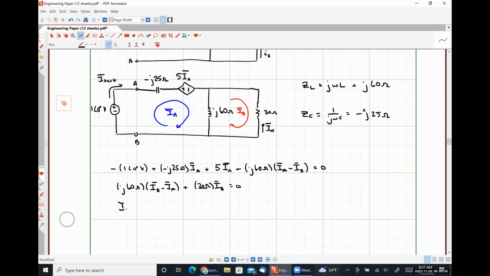And obviously, I could have done this first if I was following my own directions: IX is negative IB. Solve, solve, solve. And then the ratio of 1 angle 0 degrees volts to whatever we find for I test, which is the exact same thing as IA, would be our Thevenin equation.